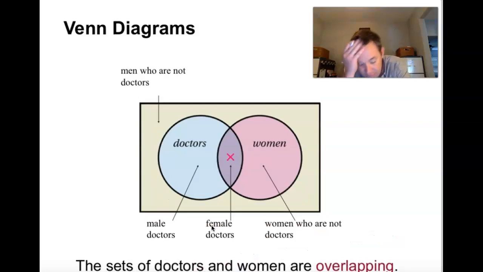Okay, so here we have an overlapping set. This is the set of doctors and the set of women. And it's, I suppose, set inside the universe of people.